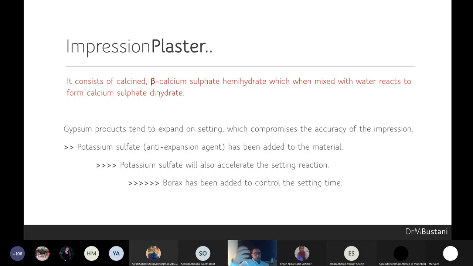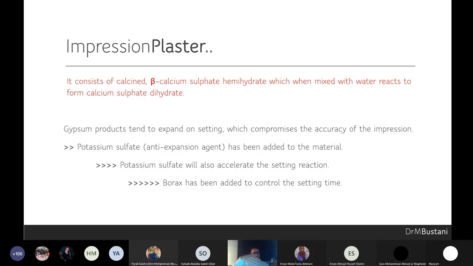But the setting reaction causes some expansion. In order to reduce the expansion, they add potassium sulfate as an anti-expansion agent. At the same time, potassium sulfate will accelerate the setting, and you won't have enough time to place the impression material inside the mouth and record all of the surfaces. So they add borax to retard the reaction and control the setting time.